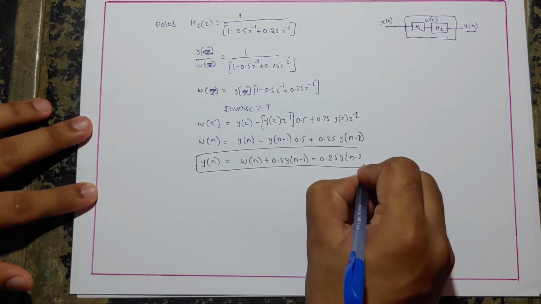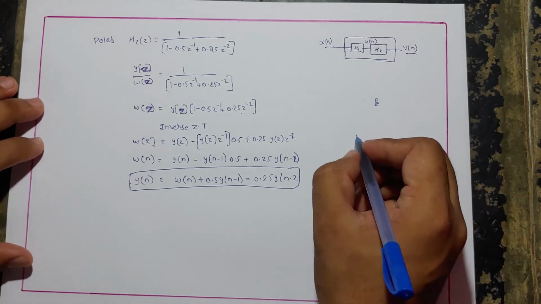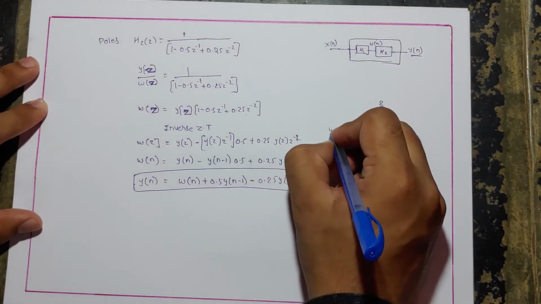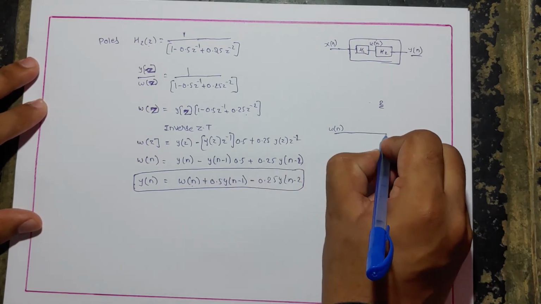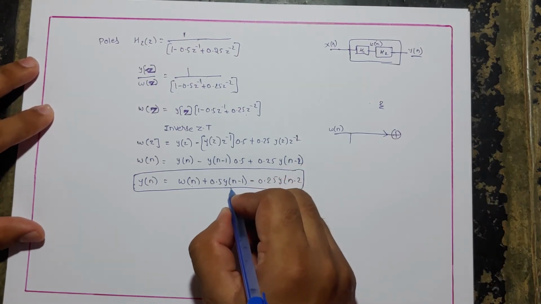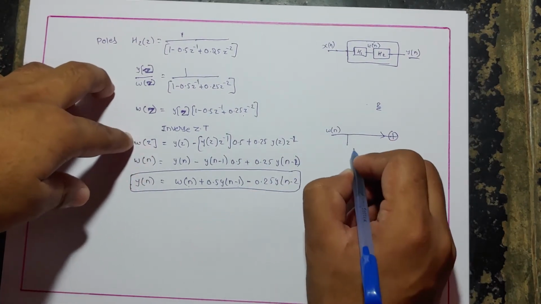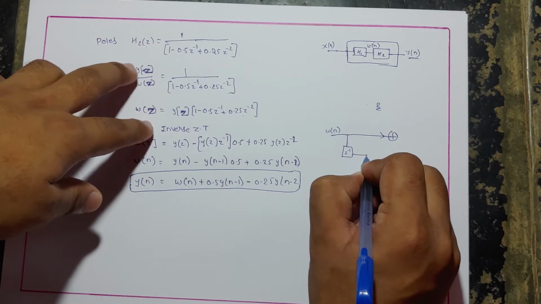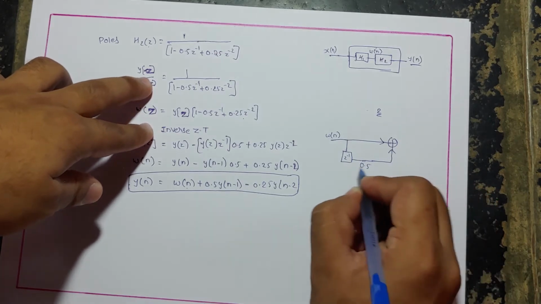Now let us realize this equation, that is, let us draw it using the canonical design elements. Here the input term is w of n, which is continued without any multiplication to an adder, and part of this goes through the next element with a delay of 1, that is z power minus 1, and the output of this is multiplied with the 0.5 scalar and added to the previous system.